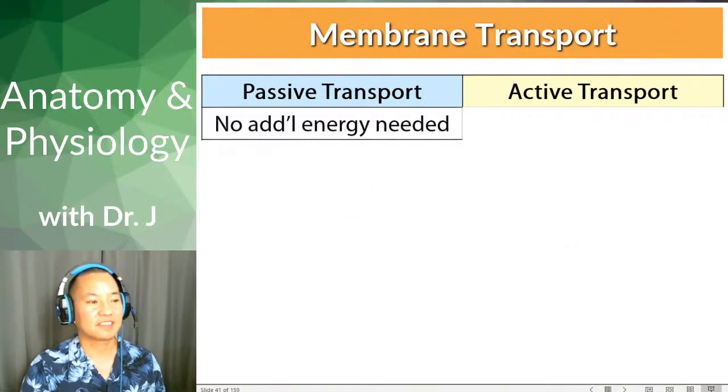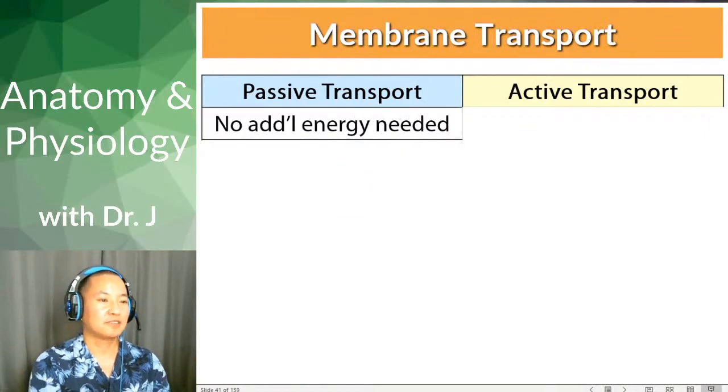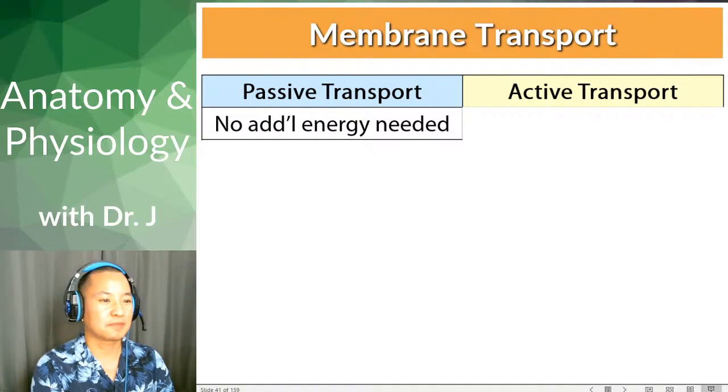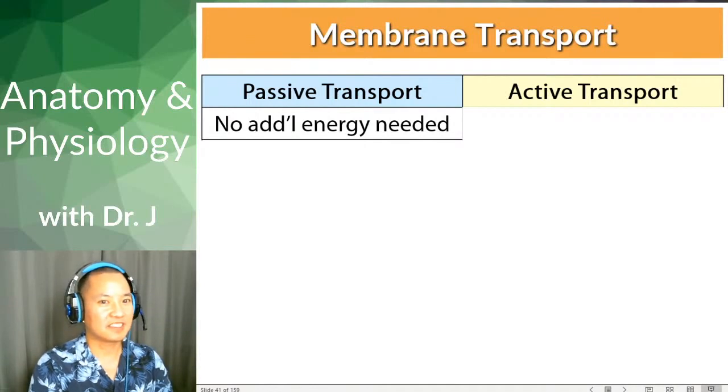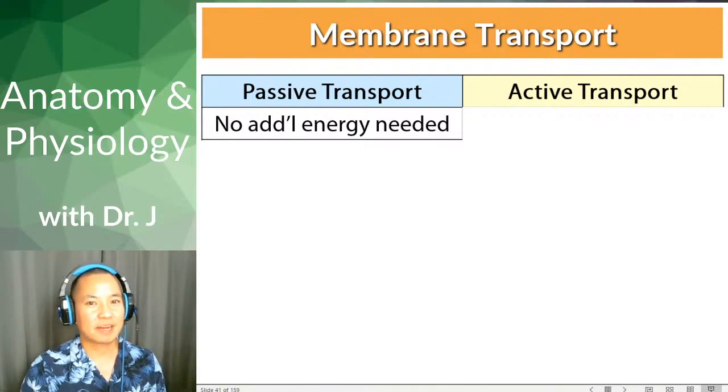So again, I summarized all of these. Membrane transport basically refers to how things get from one side of a plasma membrane to the other. There are two broad categories of membrane transport. It's either passive transport, which doesn't require any additional energy. If you just have a membrane and whatever is being transported, this transport happens by itself.